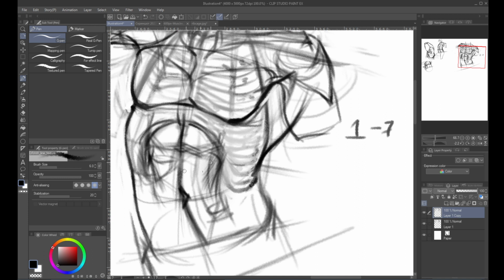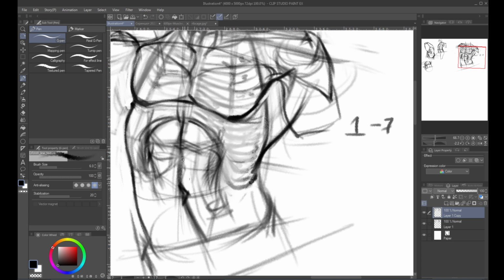So you can probably see that I'm already defining the planar structure. So where are the faces of the form and which side are they facing? So this is the inner face, the front face, the outer face, and this is the junk that I'm erasing.